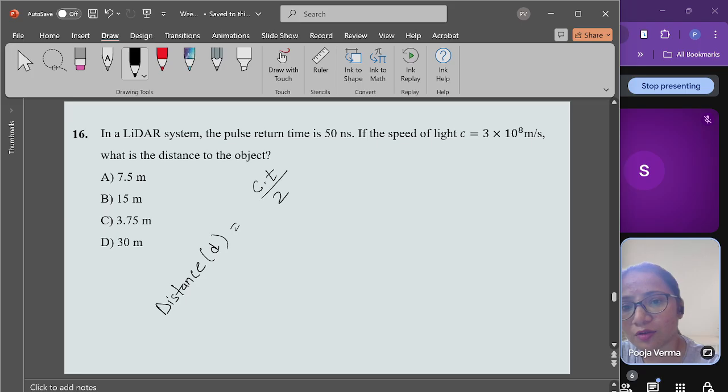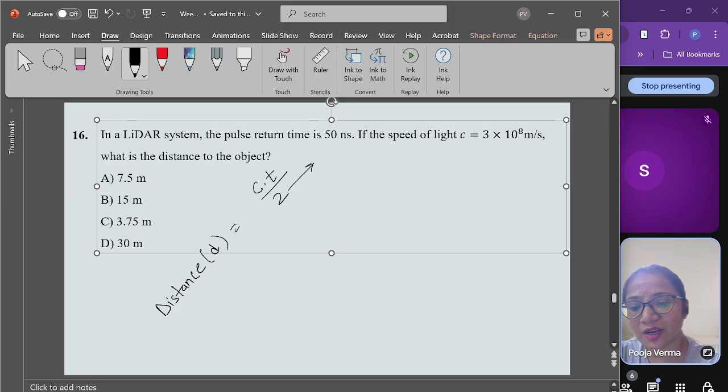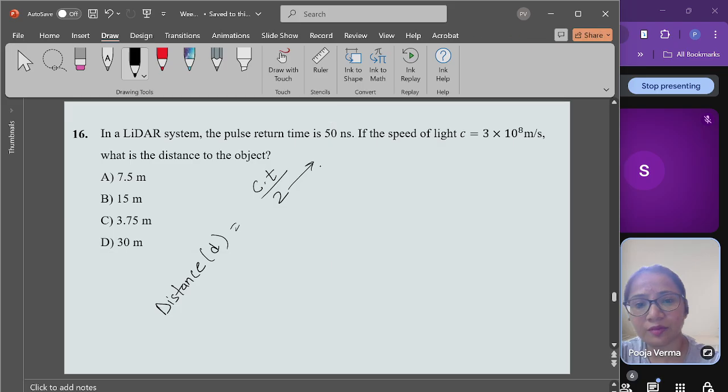Here the division by 2 is because of the round trip: the light is sent, it hits an object, and then it returns back to the system. So it goes and then returns back. That's why it is divided by 2.